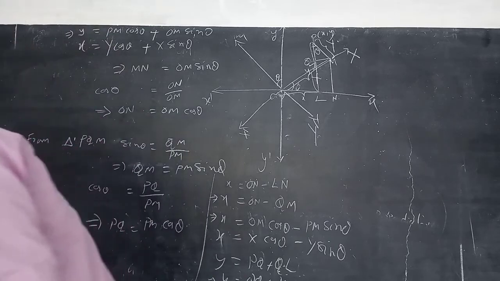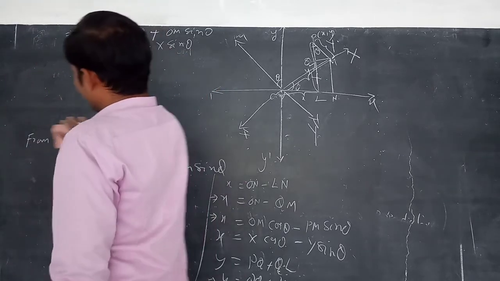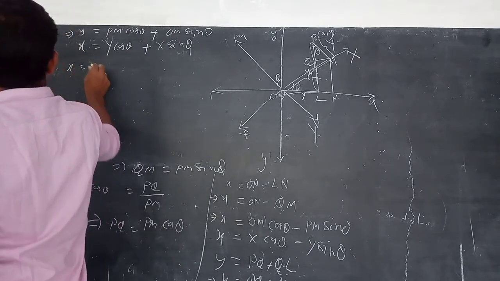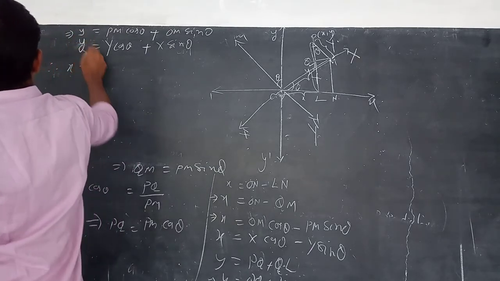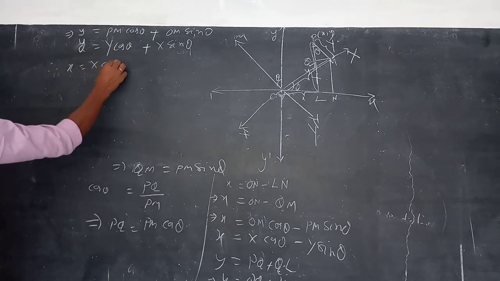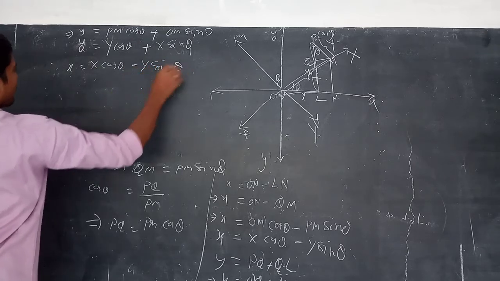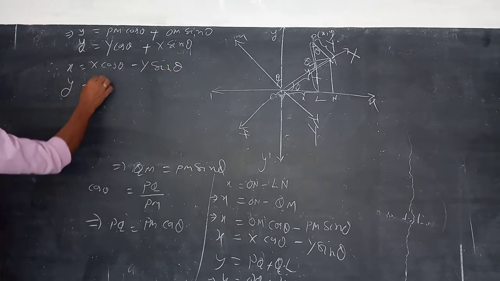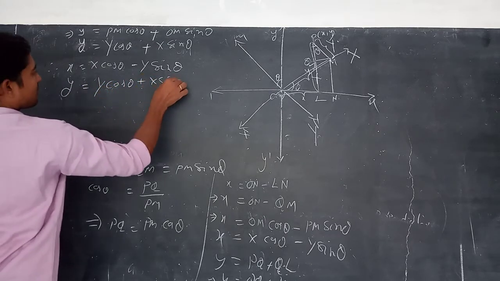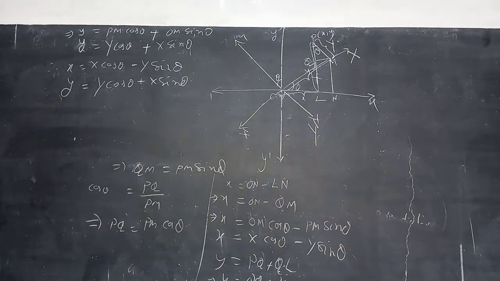Therefore, what we proved, we write: small x equals capital X cos theta minus capital Y sin theta, and small y is equal to capital Y cos theta plus capital X sin theta. Right?